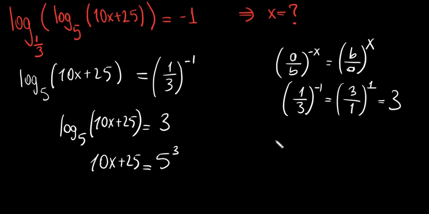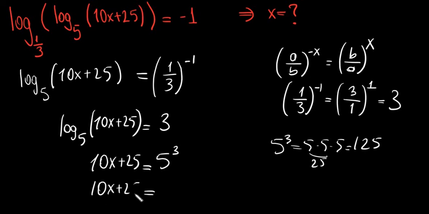And 5 to the power of 3 is 5 times 5 times 5. 5 times 5 is 25. 25 times 5 is 125. So 10x plus 25 is 125.